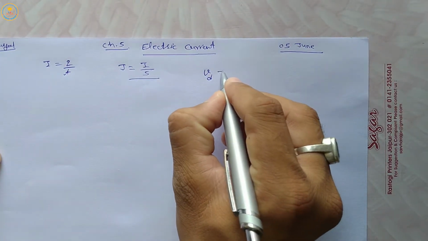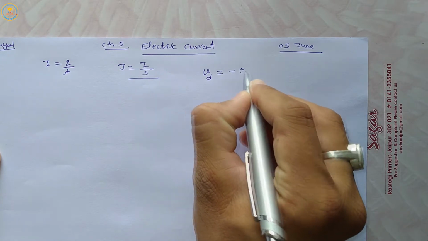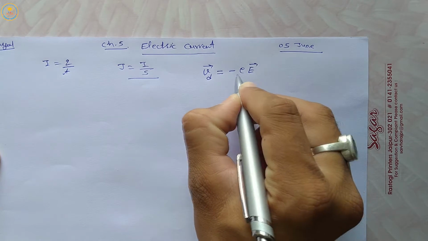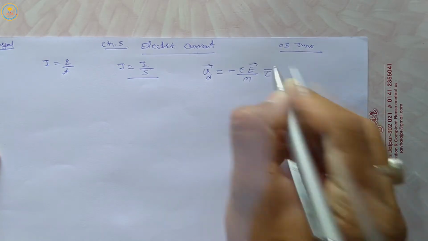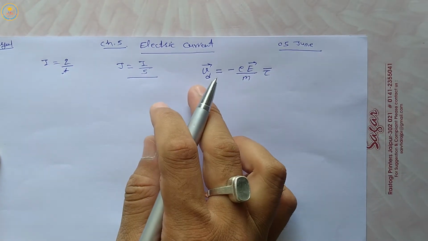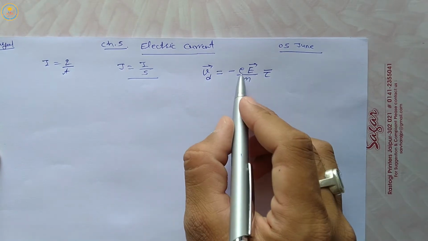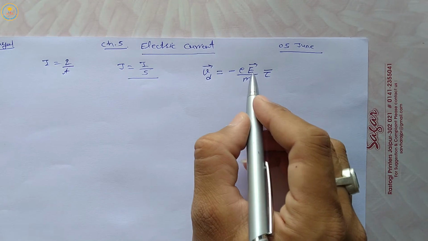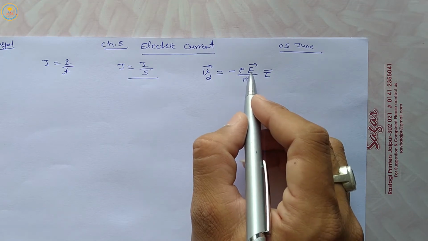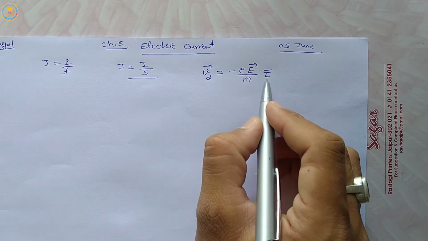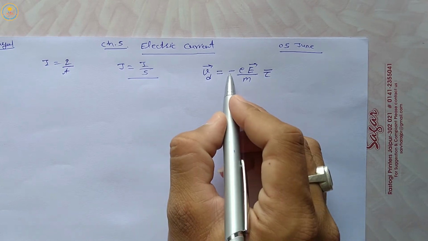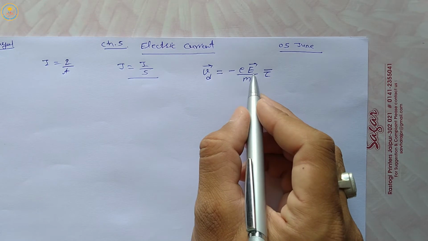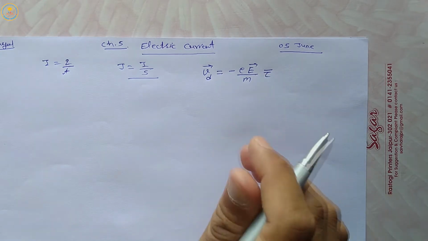So Vd vector is equal to minus e E vector upon m tau bar. Here Vd is the drift velocity, e is the charge of electron, m is the mass of electron, E is the external electric field, and tau bar is the mean relaxation time. Here the negative sign indicates the direction of drift velocity is opposite to the direction of electric field.